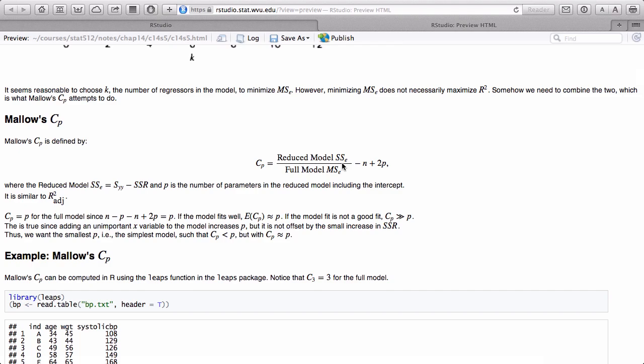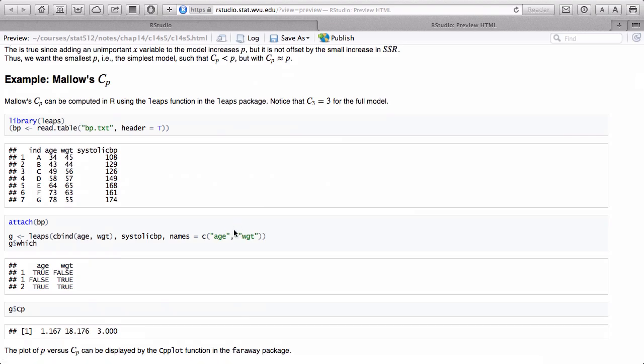So there are various ways. I'm going to show you another way you can compute it, but there's a package called leaps. So there's a library leaps, L-E-A-P-S. That stands for leaps and bounds. You could argue that you might want to fit all possible regressions. Suppose you have 3 predictors.